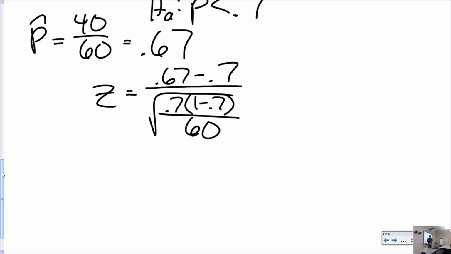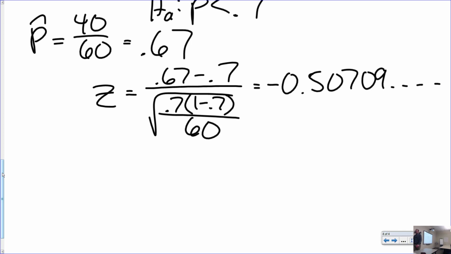Here's your z-score. Note it's negative, because 0.67 minus 0.7 is negative 0.03. What am I going to round that to, folks?